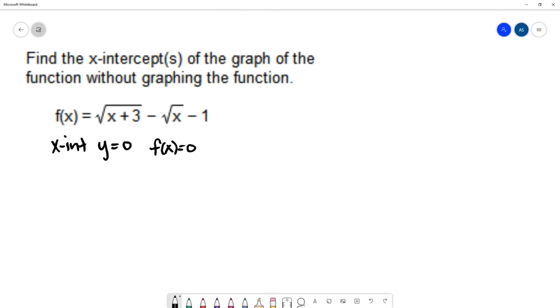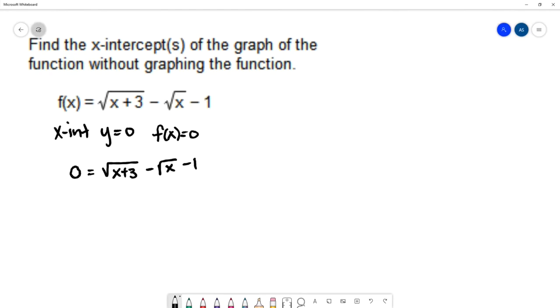If we do that, that would give us the equation 0 equals the square root of x plus 3 minus the square root of x minus 1. And we want to solve this equation. Now this equation is a radical equation or a root equation. And when you have radicals or roots, the strategy is to eliminate them from the equation first.